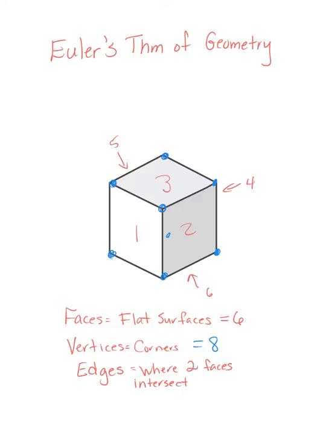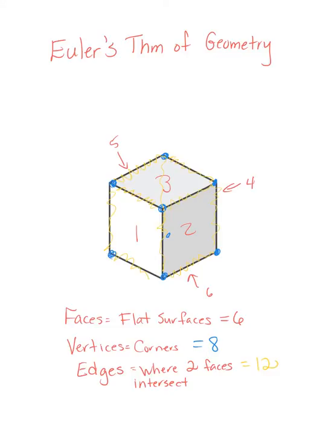Okay, so my edges are, there's 1, there's 2, 3, 4. Then I'd have 4 more on the bottom, 2 I can see and 2 I can't. So that'd be 8. And then you've got 9, 10, 11, and then 1 back there is 12. So I have 12 edges.